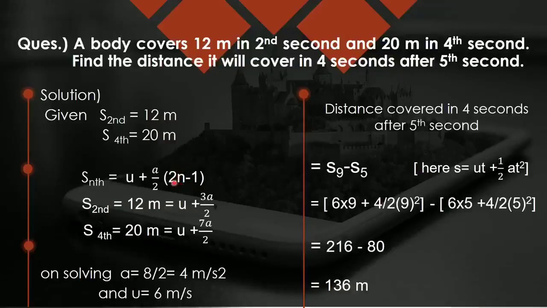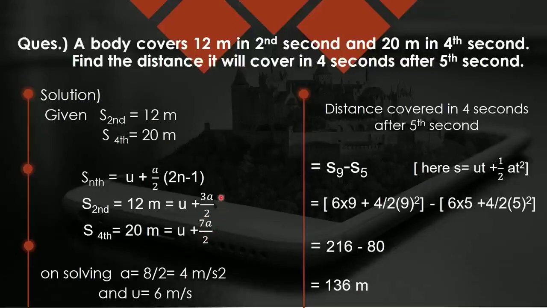So 2 into 2, 4 minus 1 means 3, so you get u plus 3a by 2. Similarly, for the fourth second, which is given as 20 meter, you put n equals 4. 4 2s are 8 minus 1 means 7a by 2. Here it will come in the equation.